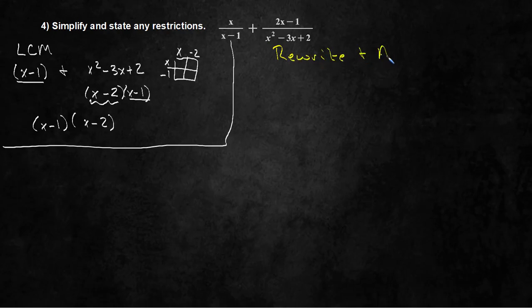And add the fractions because it says to add. So first off, I need to figure out what I need to multiply each fraction by to get to that LCM. So this one has the x minus 1, but is missing the x minus 2. So I need to multiply by x minus 2 over x minus 2.